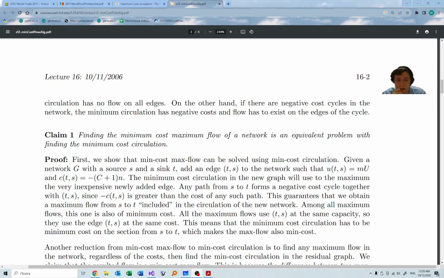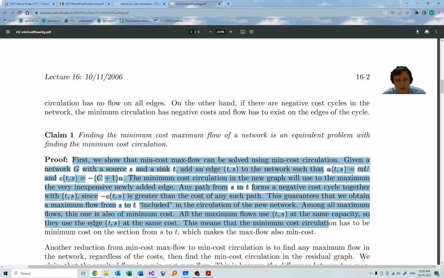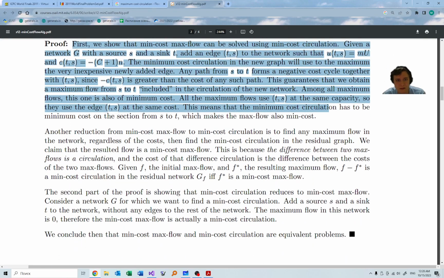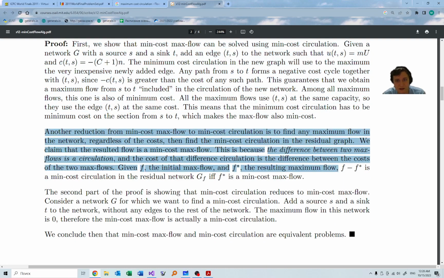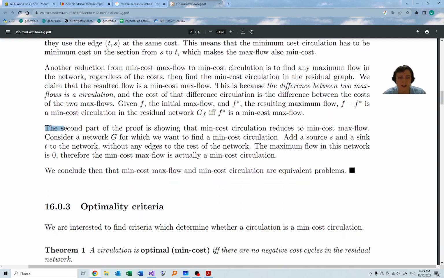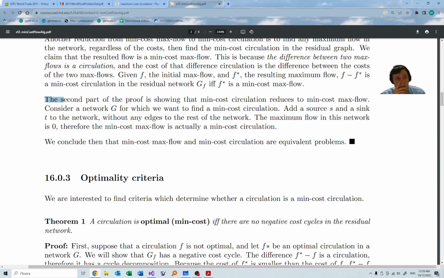Okay, let's see how. I'm not interested in this part. Okay, and in this part. Let's do this part. So consider network G for which we want to find the minimum cost circulation.